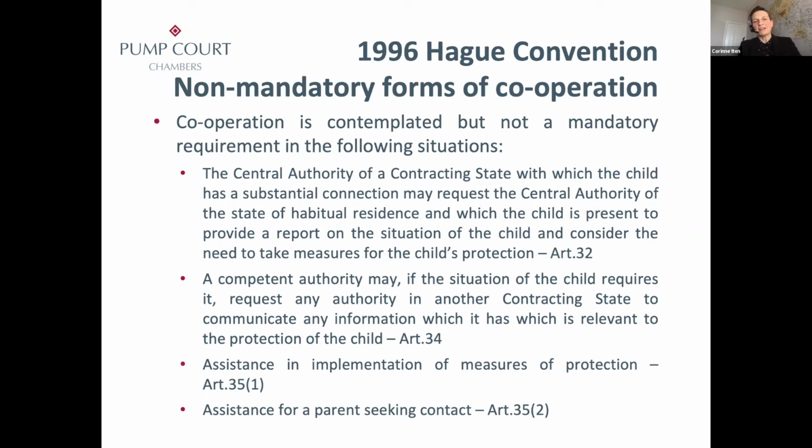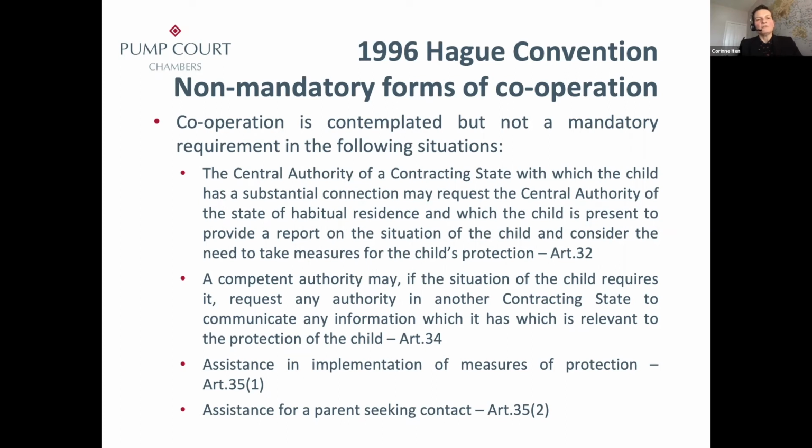Cooperation is contemplated but not a mandatory requirement in these situations where the central authority of a contracting state with which the child has a substantial connection may request the central authority of the state of habitual residence and in which the child is present to provide a report on the situation of the child and consider the need to take measures for the child's protection. That's Article 32.